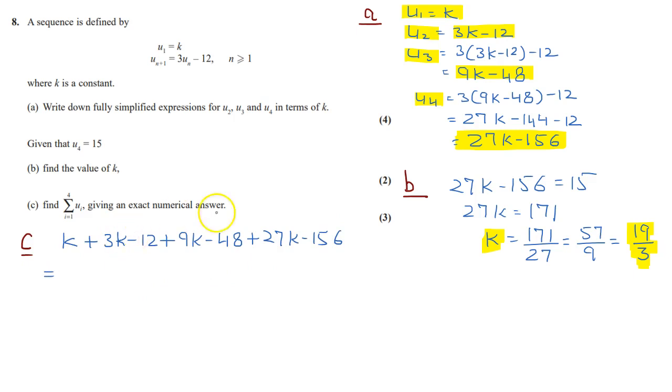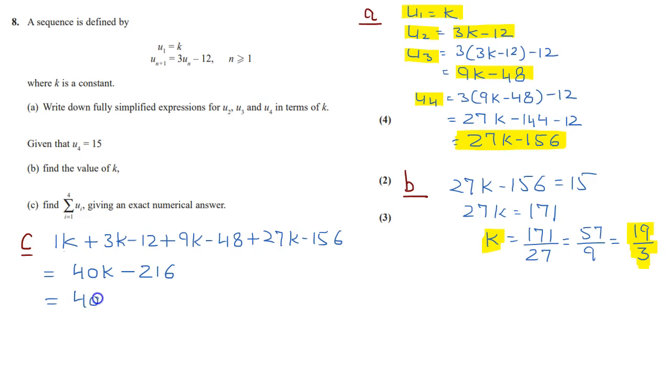It's easy and less time consuming than putting in the value of k and writing out all these values. If I put k is equal to 19 over 3, then 19 minus 12, we solve it this way. This is k times (1 plus 3 plus 9 plus 27), so that is 40k minus 216.